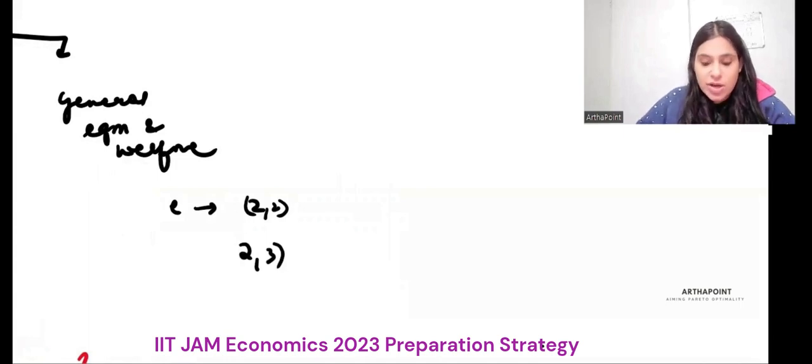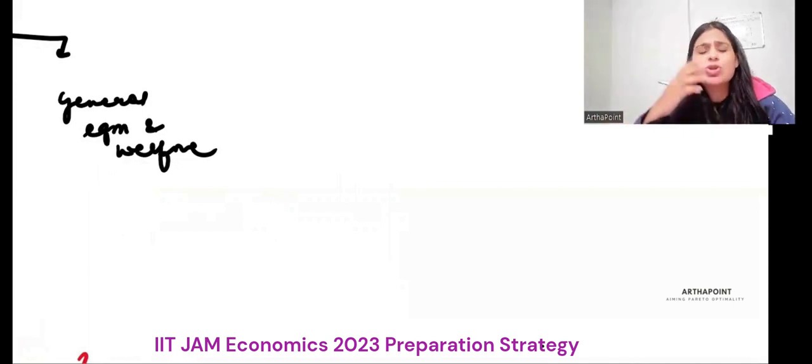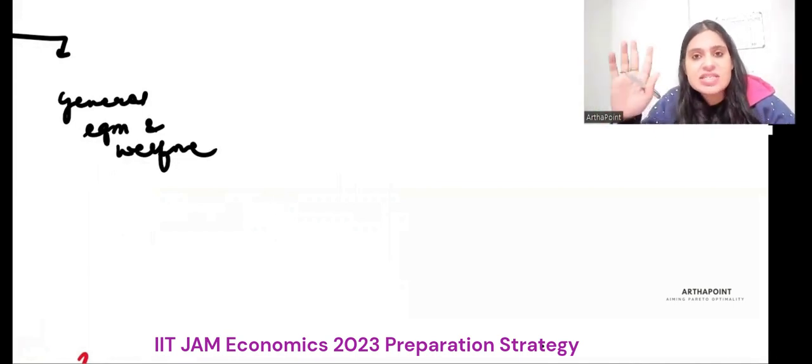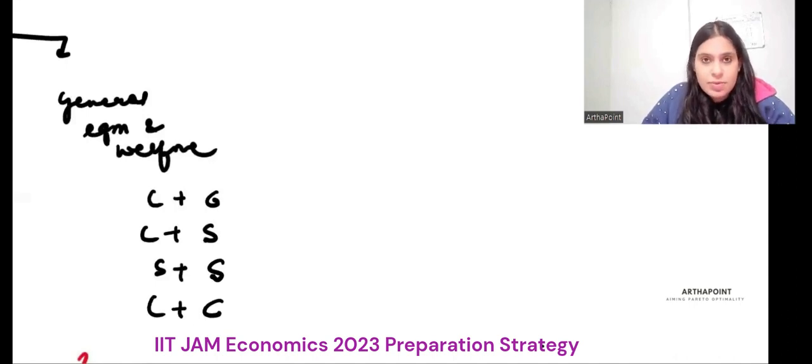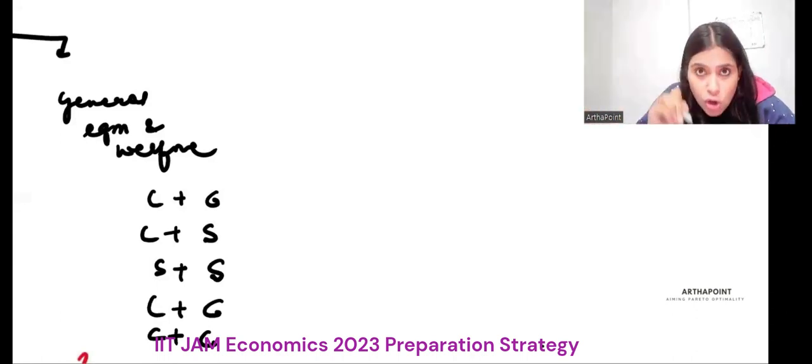Whatever Edgeworth box you can do, square and rectangular for different ICs. अलग-अलग combinations. We have done literally multiple, I think more than 20 examples we have done. Cobb-Douglas plus Cobb-Douglas, Cobb-Douglas plus substitute, substitute plus substitute, complementary plus complementary, Cobb-Douglas plus complementary. Whatever possible examples are there, do all of those.